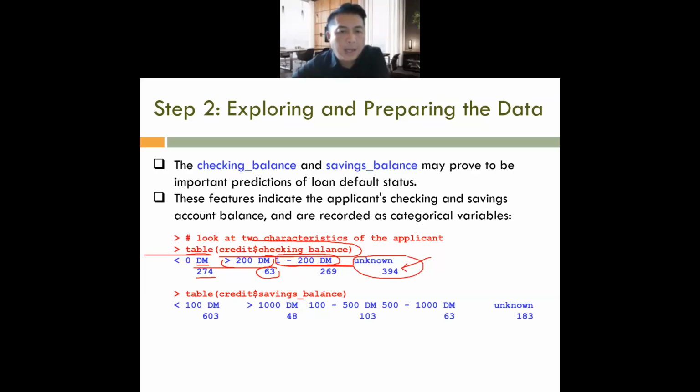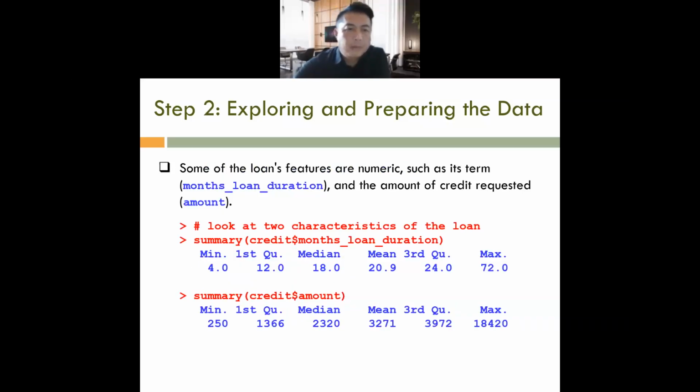We could also look at the saving balance by looking at this column using the dollar sign. We could also use descriptive statistics by typing summary. The summary will give you the mean of the loan duration, the maximum, the minimum, the median, the first quartile and third quartile.